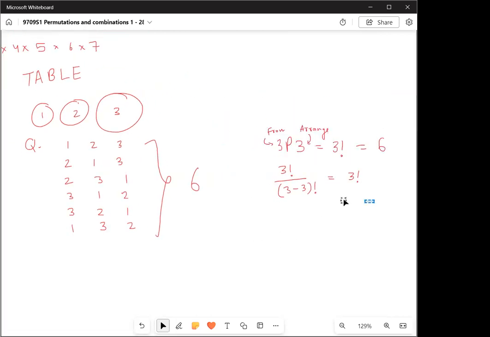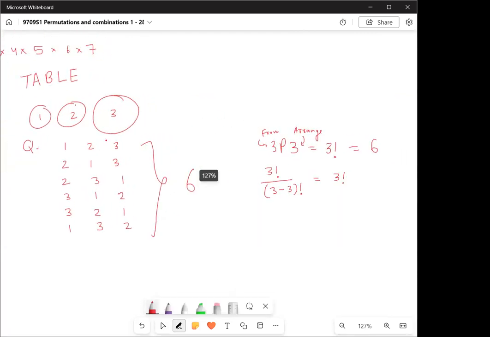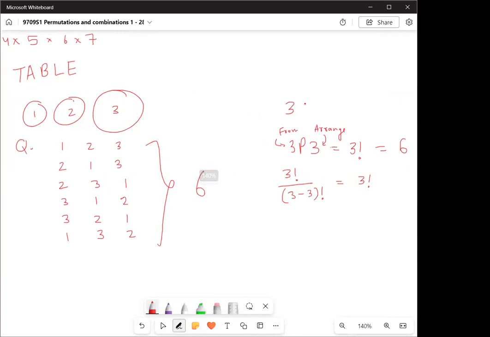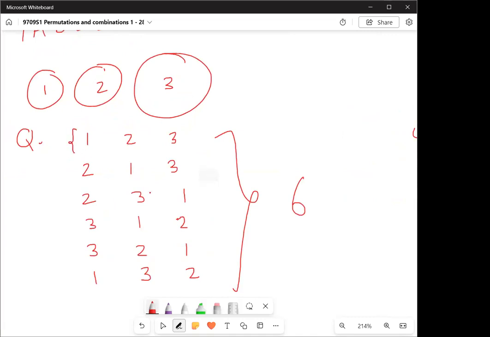3p3. Now, however, if I had combination, it would be 3c3. How much would 3c3 be? 1. So why does it decrease and just become 1? The interesting bit is, in each of these combinations, all the numbers are the same. I have the same three numbers here.